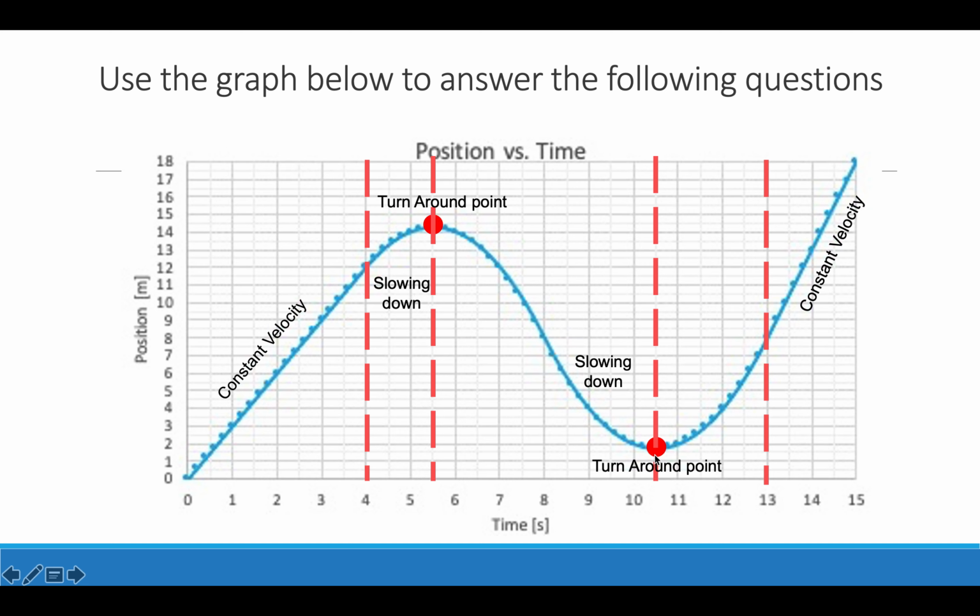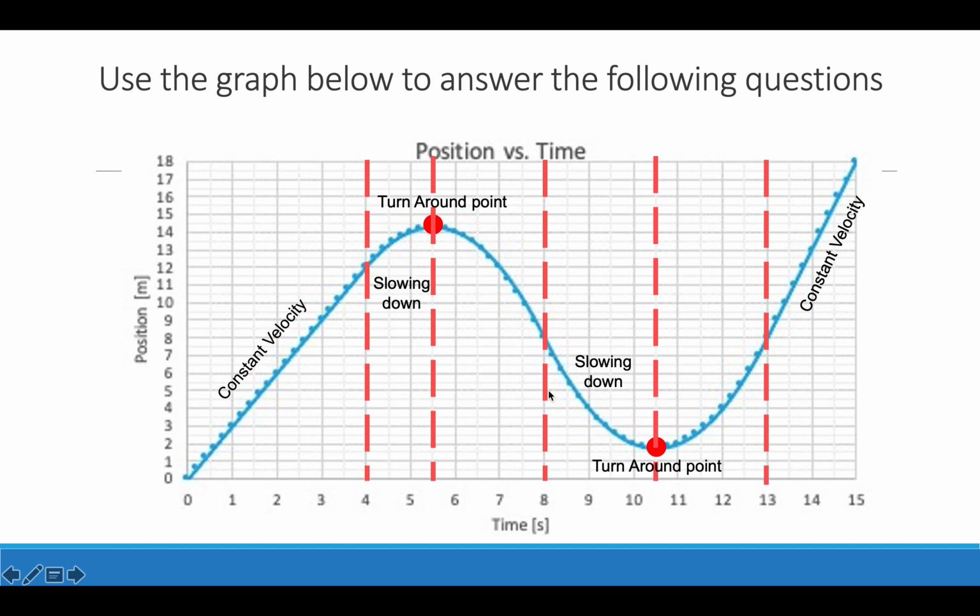And also at the second turnaround point, before getting to that point, it has to be slowing down. After the turnaround point, the object has to speed up because it was initially 0 and now it's changed direction. In this example, it's heading back towards the origin, so it has to be speeding up in a certain region.